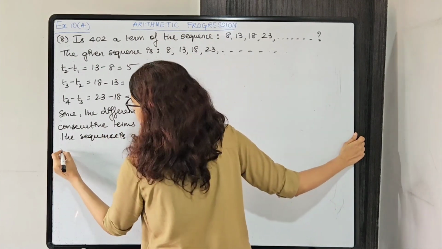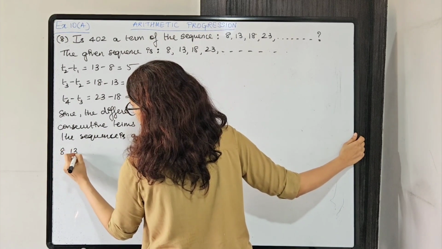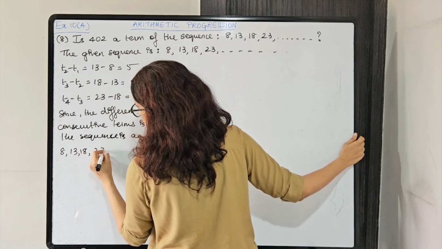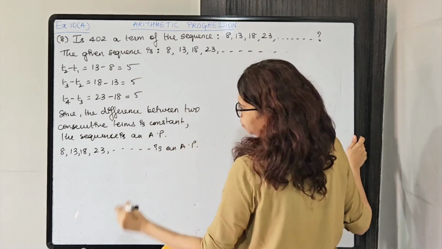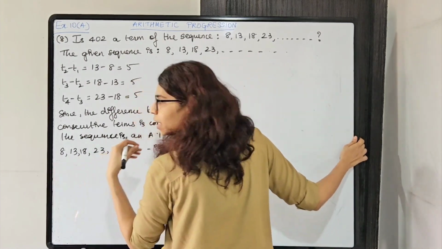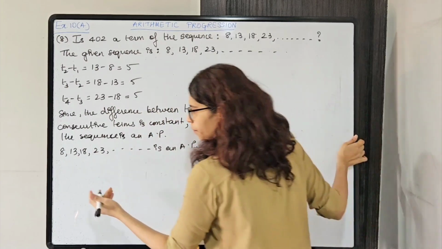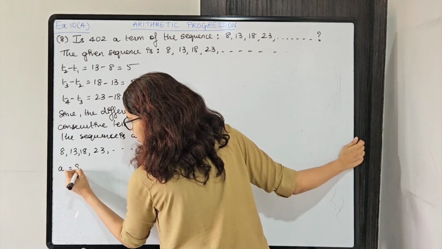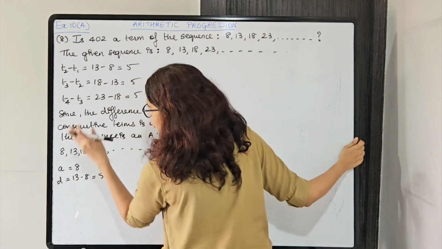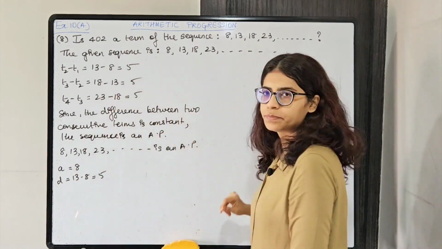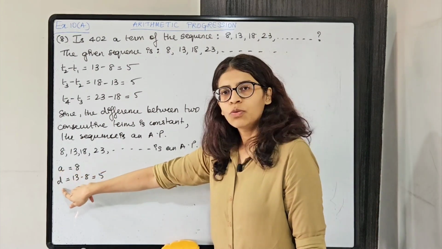So 8, 13, 18, 23 is an AP. Now let us find A and D. A is 8 and D is 13 minus 8, which is 5, which we already found earlier. We know A, we know D.